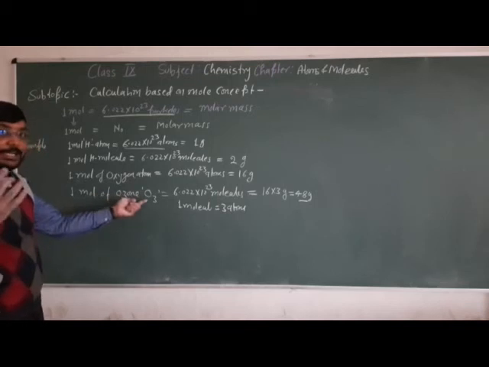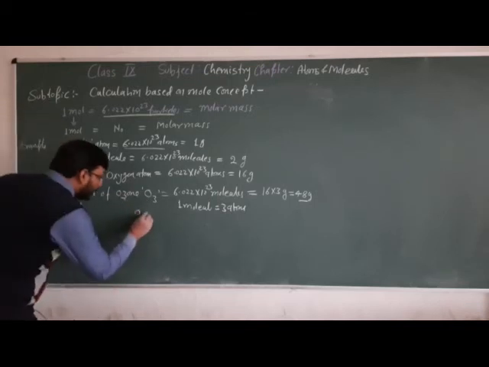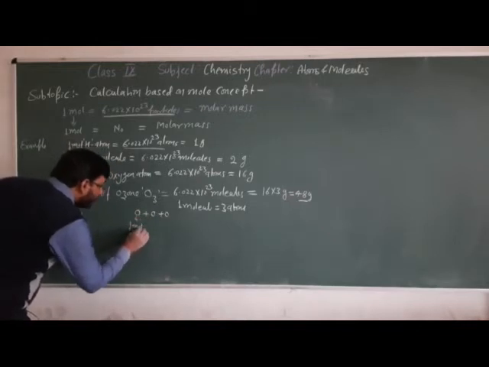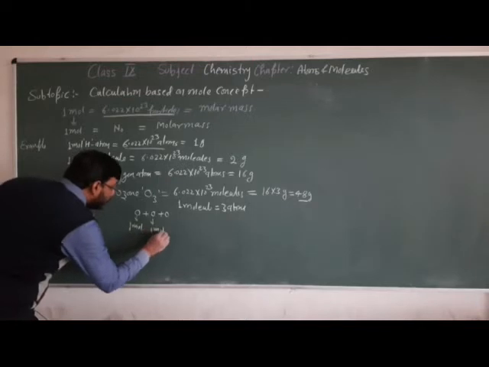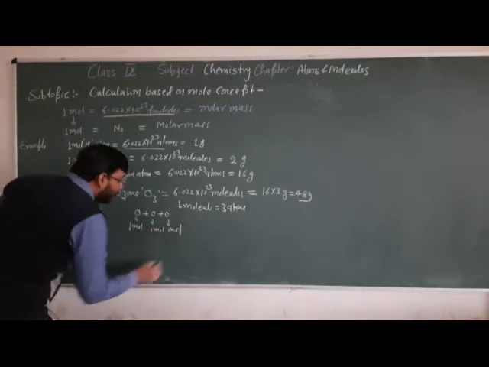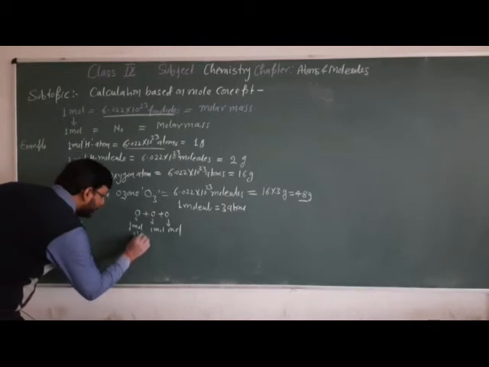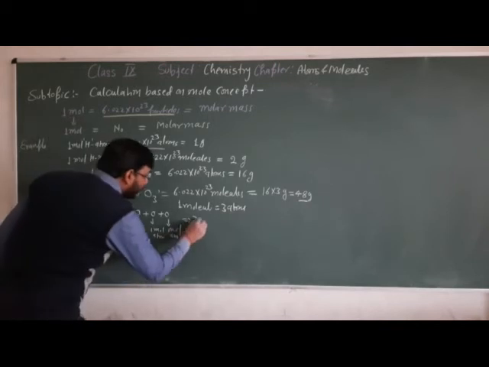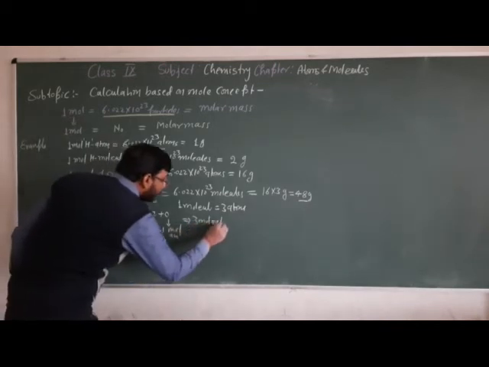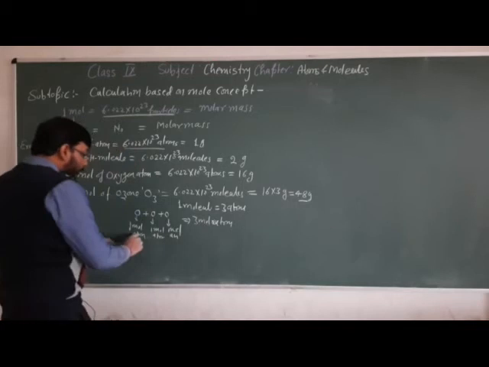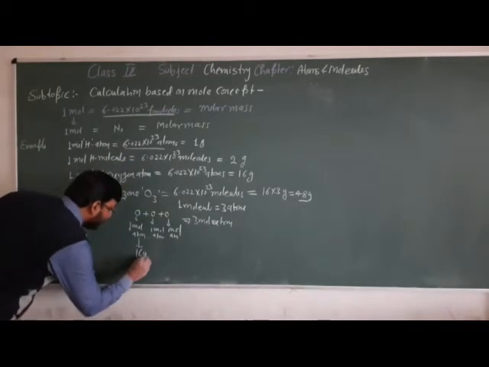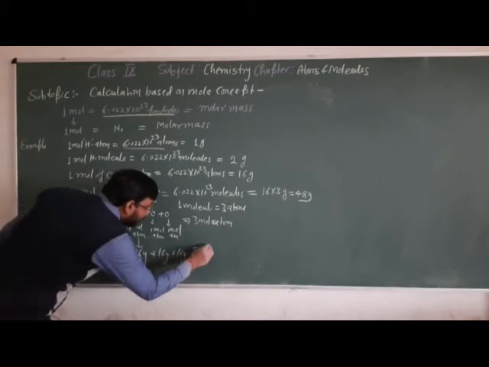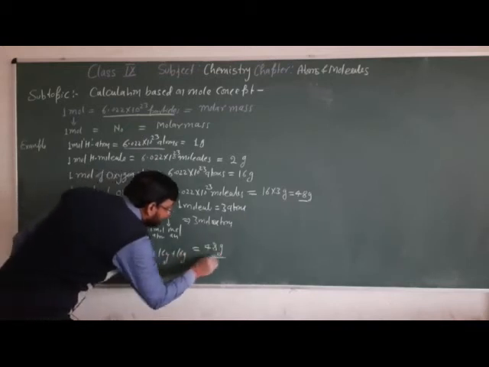O3: oxygen plus oxygen plus oxygen. This is 1 mole atom, this is 1 mole atom, this is 1 mole atom. So the total is 3 moles of atoms. The mass of 1 mole of atoms is 16 gram, then 16 gram, then 16 gram, and then we get 48 gram.